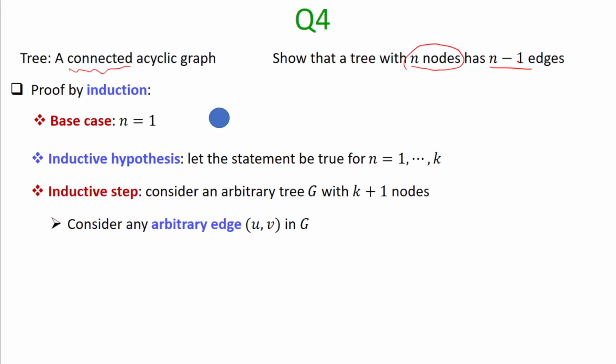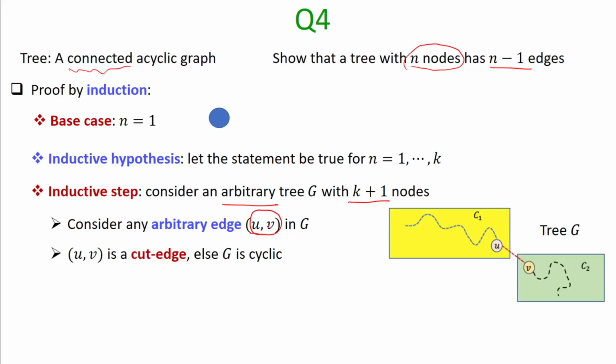And now we are going to the inductive step where we consider an arbitrary tree consisting of k plus 1 nodes, and we focus on any arbitrary edge with endpoints u and v in the tree G. My claim is that the edge u comma v is a cut edge in the tree, and this is true for any edge in the tree. You take any edge, the claim is it will be a cut edge, right?